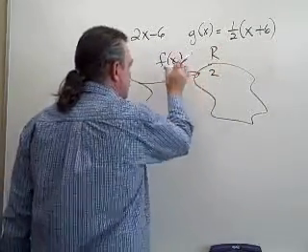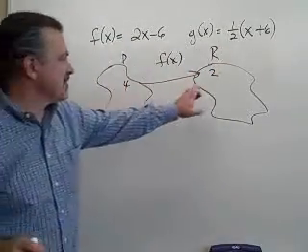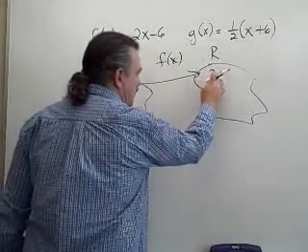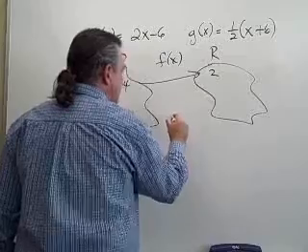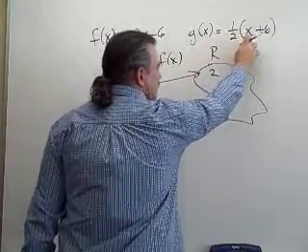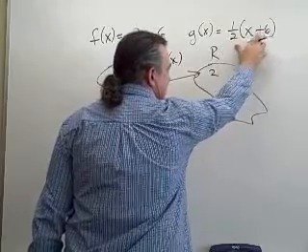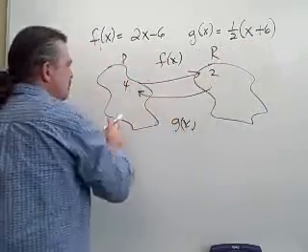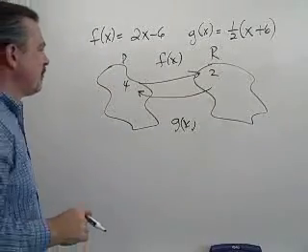That mapped under the function f into the range value of 2. Now, take that range value of 2 under the function g of x. 2 plus 6 is 8. Half of 8 is 4. Under the function g of x, the 2 mapped into the 4.